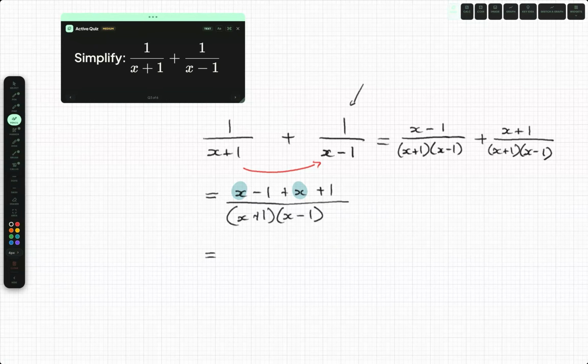So x plus x is 2x, and 1 minus 1 is just 0, so we're left with 2x over x plus 1, x minus 1. And that's it. There's no common multiple there which we can take out, so that's our answer.